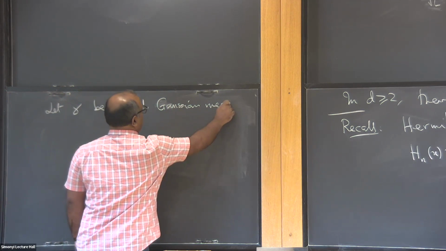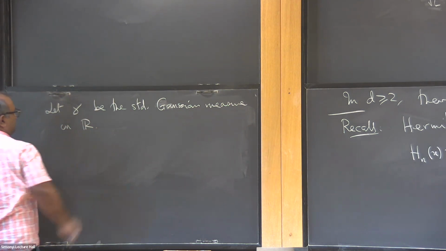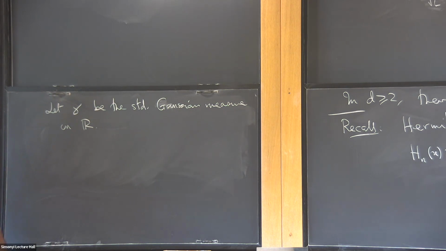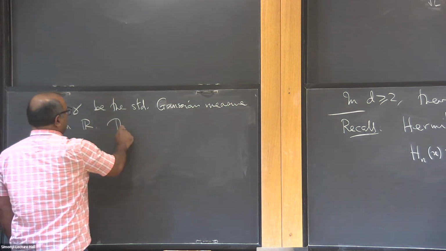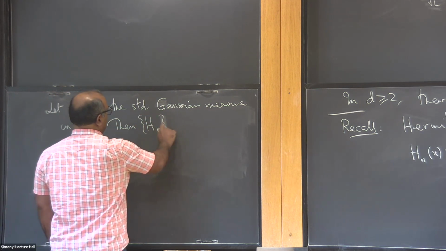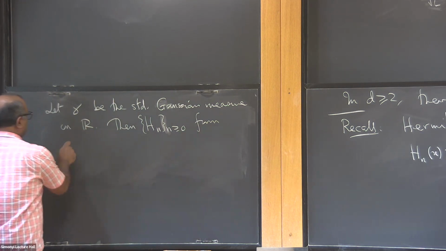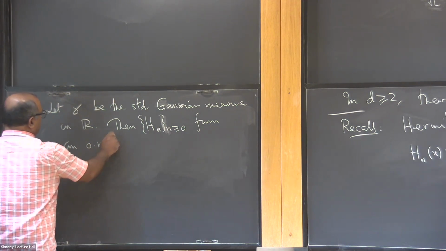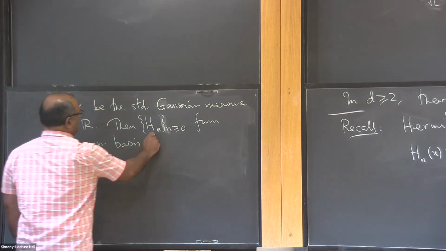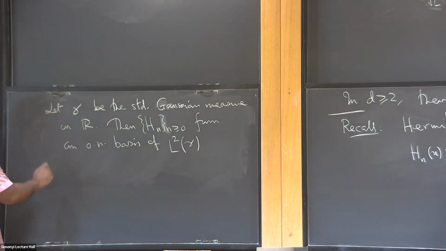Let gamma be the standard Gaussian measure on R. Then these Hermite polynomials, Hn, form an orthonormal basis of L2(gamma). I wrote this down a little while ago.